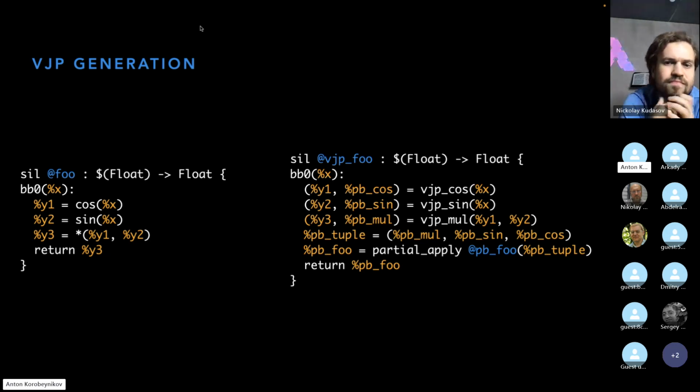Here we are essentially executing the captured pullbacks from nested VJP calls in the backward manner, doing reverse-mode AD. The adjoints of individual instructions are automatically emitted by the compiler.